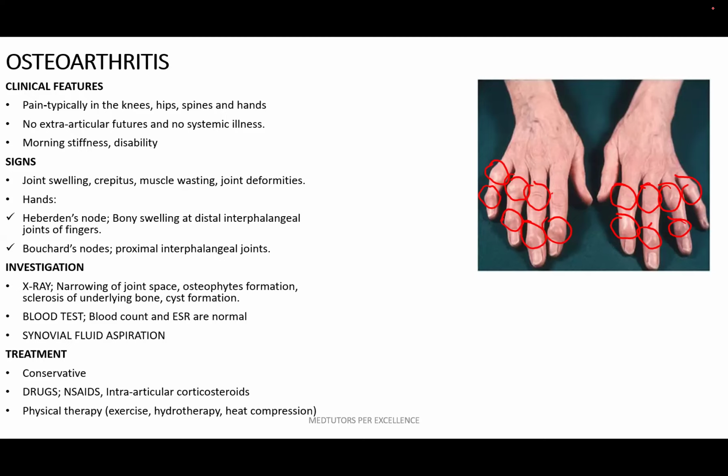What one investigation will you do that will differentiate osteoarthritis from rheumatoid arthritis? If you have a diagnostic dilemma, you want to do one investigation that will differentiate both.